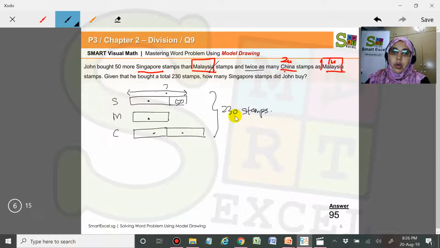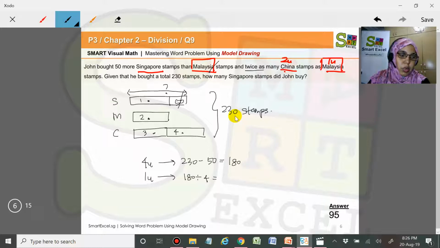When we minus off the 50 from 230, we will get 1 unit, 2 units, 3 units, 4 units. So 4 units is equivalent to 230 minus 50, which gives us 180, and we find 1 unit. 180 divided by 4 equals 45.